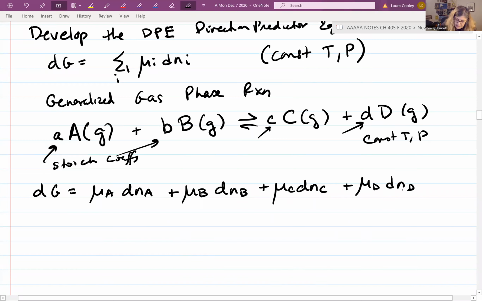Okay. And then you have to play the game with the dx, right? Remember that you have to take any reactant, change in moles of A as a reactant. You divide, sorry, that should be a capital A. You divide by the stoichiometric coefficient and you put a negative sign because it's a reactant, which is the same as minus dn_B over b.